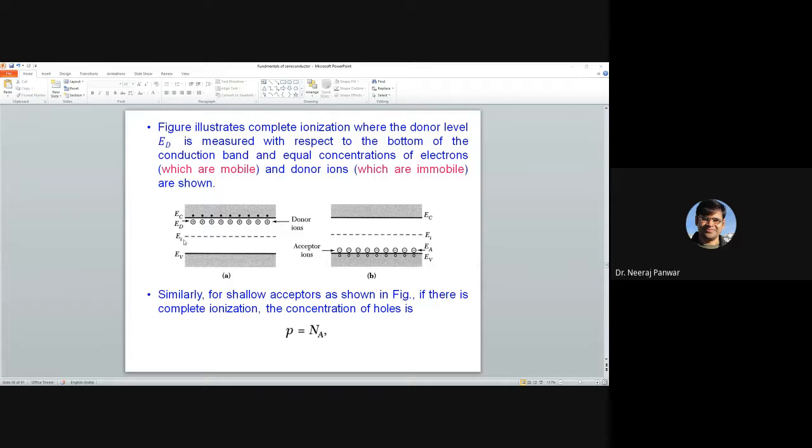That's why it is not an actual energy level and it is shown by a dashed line. Somewhere you will find EFI written, which represents the intrinsic Fermi level, but here we are using the notation EI. I stands for intrinsic energy level.